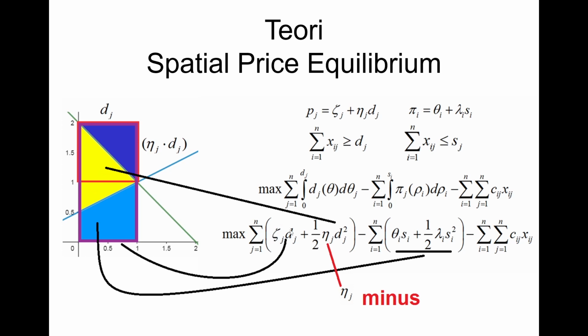This term in the equation corresponds to the whole purple area here. Then one subtracts the blue area corresponding to this term, and then the light blue area corresponding to this term. And not represented in the graph is the transportation costs. Then one tries to maximize this function.